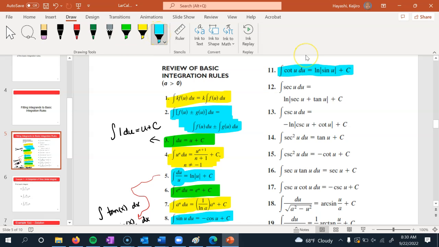The integral of cotangent is the positive natural log of sine, and that's derived in very much a similar way, except it's even simpler technically, because the cotangent is literally defined as being cosine over sine.